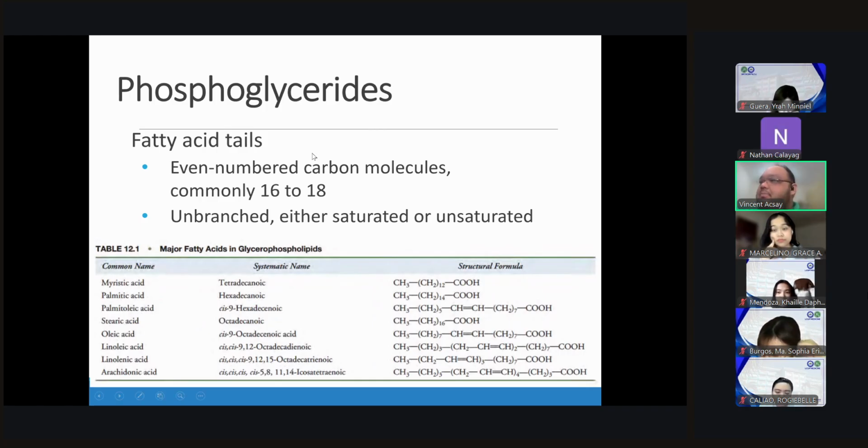Typically, the fatty acid attached to carbon 1 is saturated, and the one attached to carbon 2 is typically unsaturated. You see here in table 12.1, found in Devlin. Devlin is my major reference, although we also use Harper. So we have these common names and the systematic names of the fatty acids found in your glycerophospholipids.